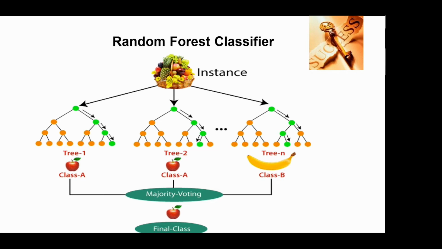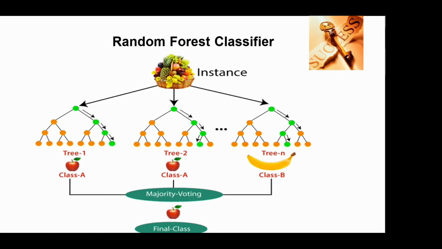Random forest produces the outcome on the basis of the majority voting technique. In random forest, if you are choosing 4 decision trees, and 3 decision trees are giving a positive response and 1 decision tree is generating a negative response, then 3 out of 4 are generating a positive response. So the class prediction will be defined by the majority voting technique, as you can see in this slide.